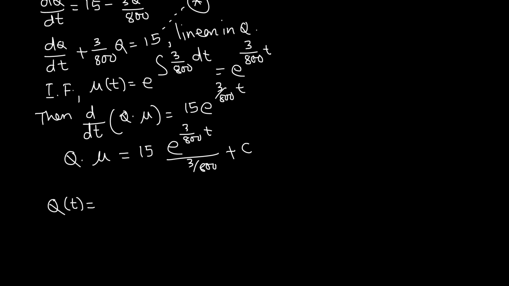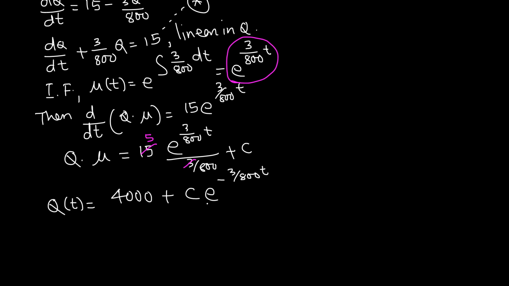When we divide by the integrating factor mu, this cancels, so the 800 goes on top, and 3 divides 15 to give 5, 800 times 5 is 4000, plus C divided by the exponential, so C e raised to negative 3/800 t.